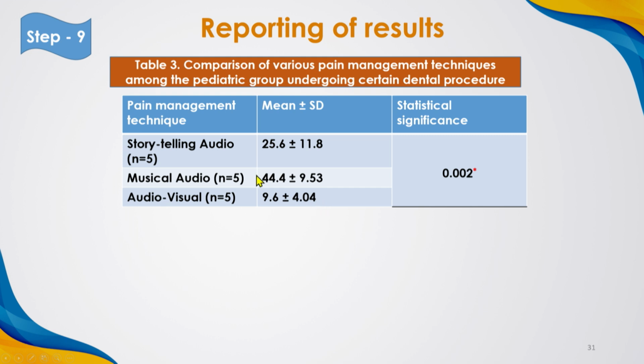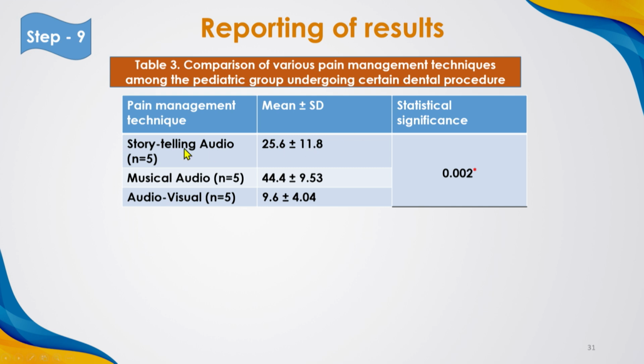Whatever scale we are looking at, the anxiety score ranges from 15 to 75. So, if children have a higher anxiety level, their score will be higher. If they are facing a lower anxiety level, then their score will be reduced. So, the lower the score, the better, so that the doctor can do the procedure in a very good manner.